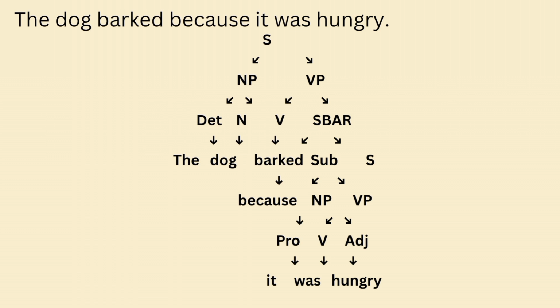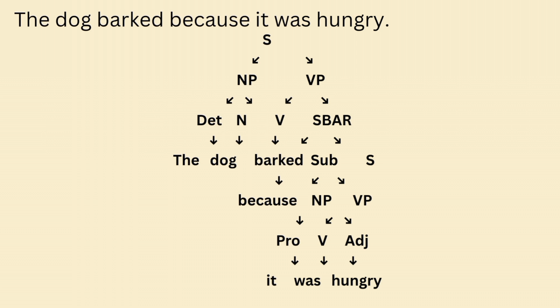The subordinating conjunction "because" introduces the clause "it was hungry." And inside that clause, there is another subject, or noun phrase, "it," and the predicate, or verb phrase, "was hungry." The verb phrase has the verb "was" and the adjective "hungry."